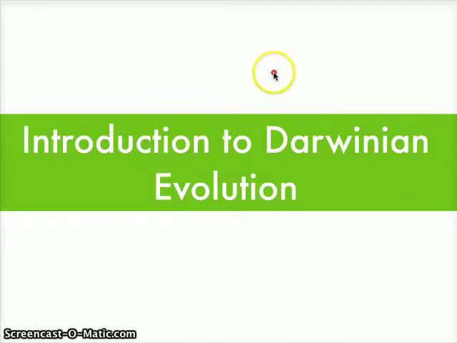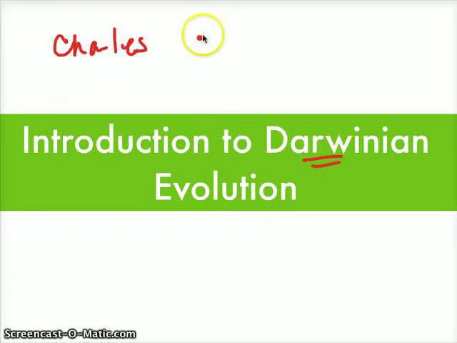In this unit, what we will be talking about is the introduction to Darwinian evolution. And why Darwinian? Well, Charles Darwin was a British naturalist who first proposed a plausible mechanism to evolution.